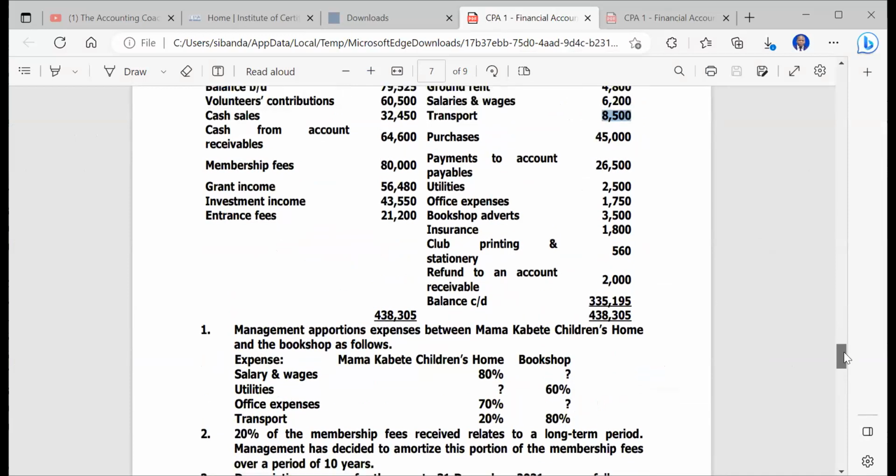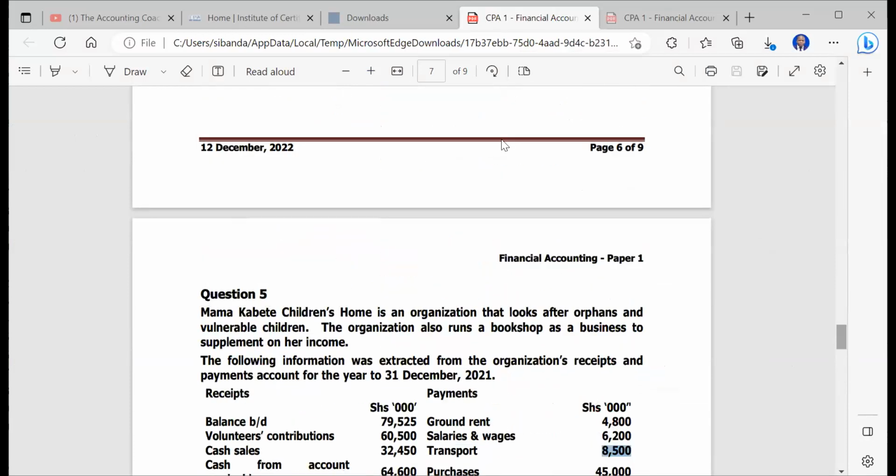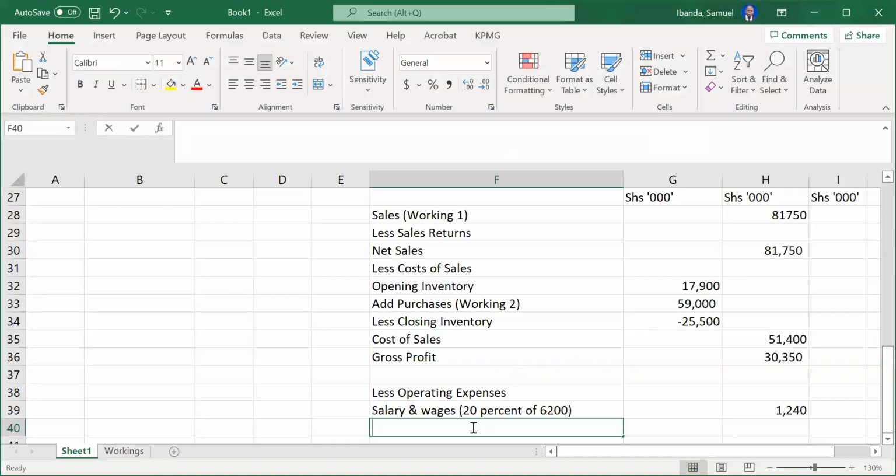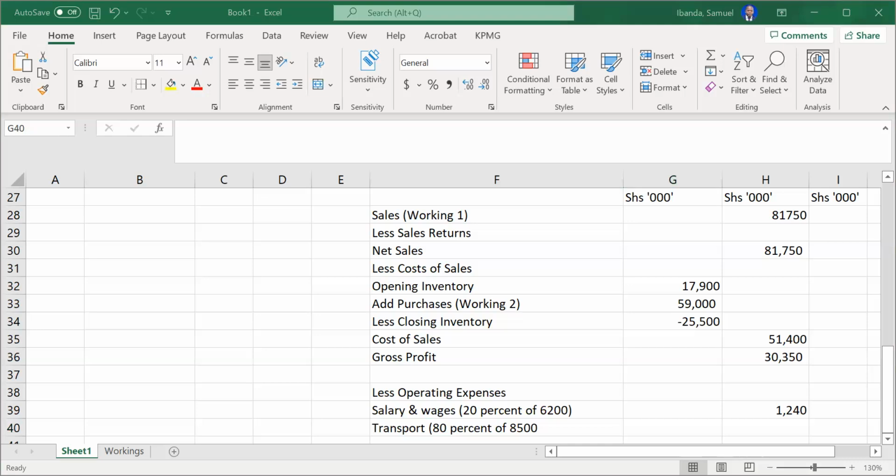So 80% of 8,500 on your calculators gives us 6,800.